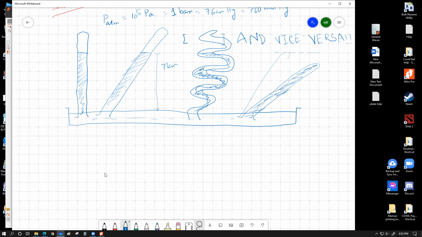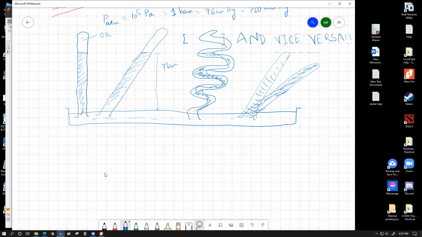That's the important bit, which means that if we have 76 centimeter vertical space within the test tube, then we can have some sort of vacuum, 0 pascal. But if there is no such height available, then there wouldn't be any vacuum. It would be completely filled with mercury. This is one of the aspects.